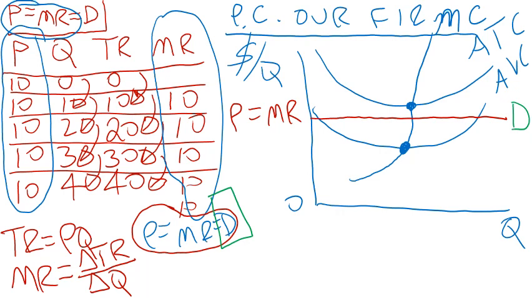All right. So how can we identify P, which is equal to MR, to D? Well, again, the notion of D, what is it? D is made up of the price column and the quantity column.